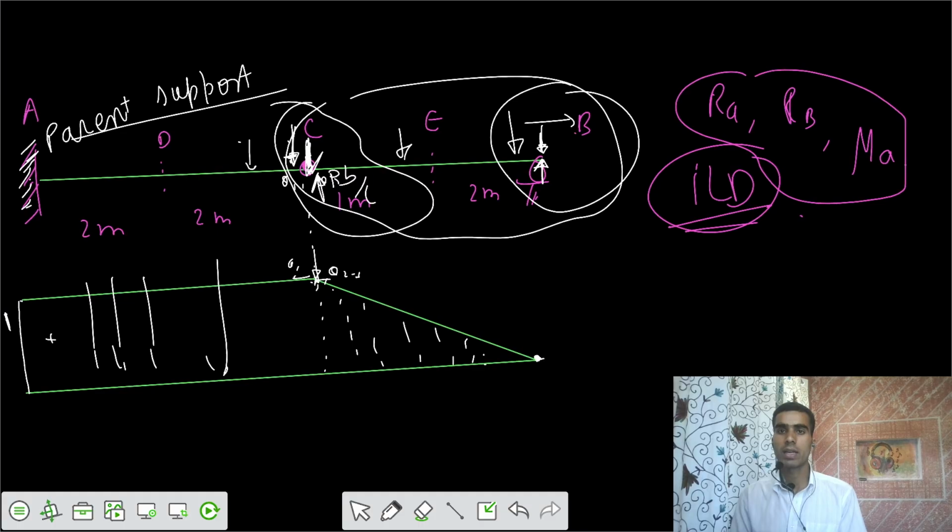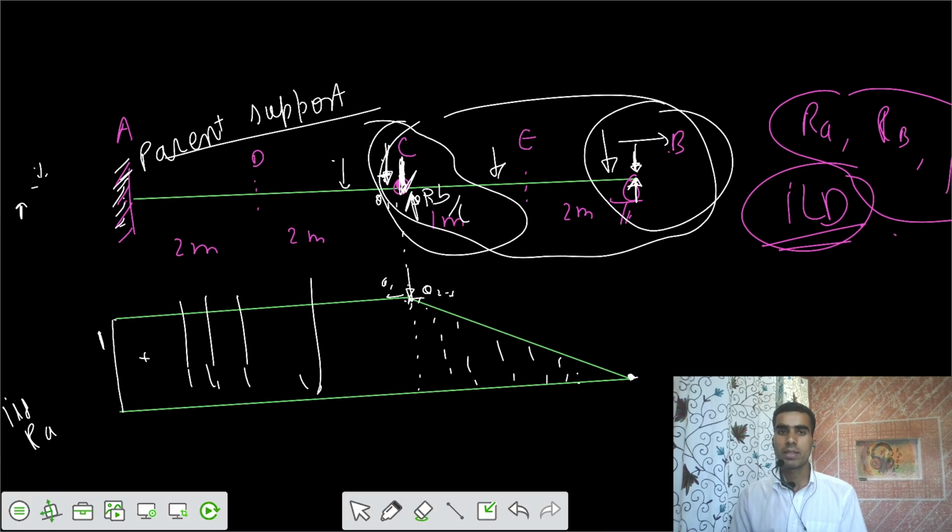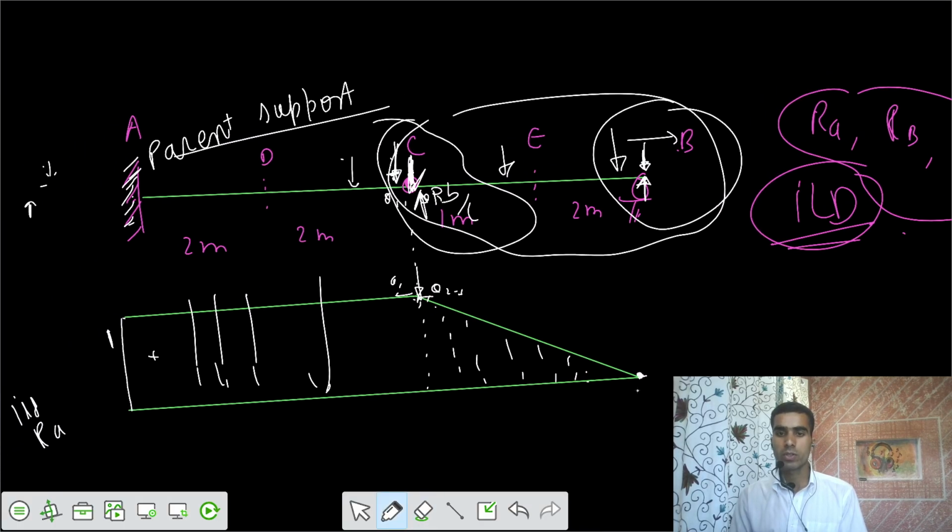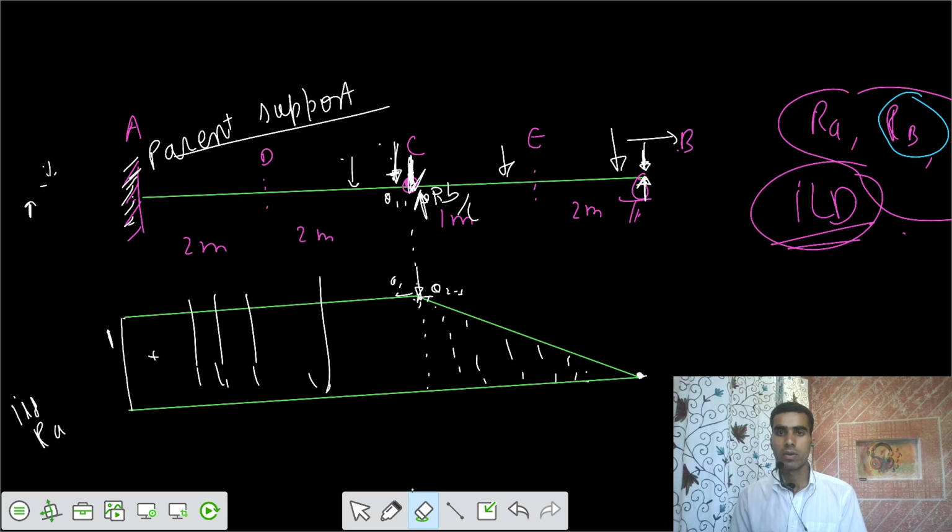Now you need to get the reaction at B. Based on this, we have only two supports. Can you tell what is the ILD for the reaction at B from this triangle? Can you analyze that? What should be the reaction at B from this analysis? We have only two supports.